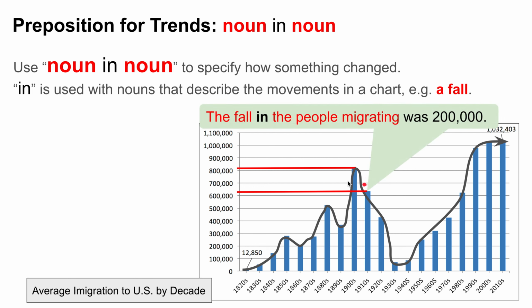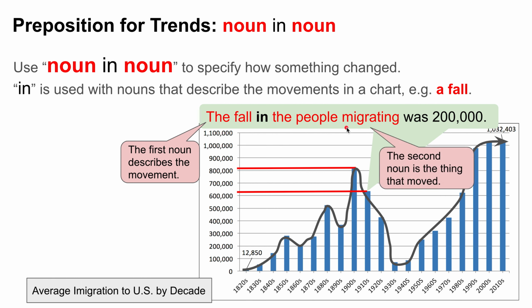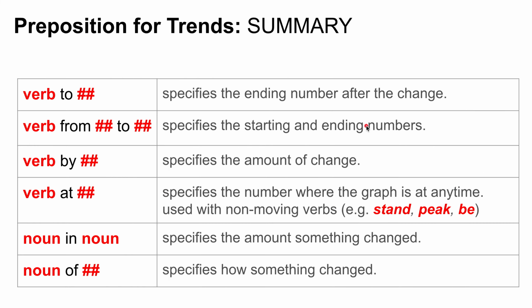In the 1910s, the fall in the people migrating was 200,000. And this means that we're talking about how much it fell. But real quick, note that the first noun describes the movement and the second noun is the thing that moved. Here it's the people migrating.